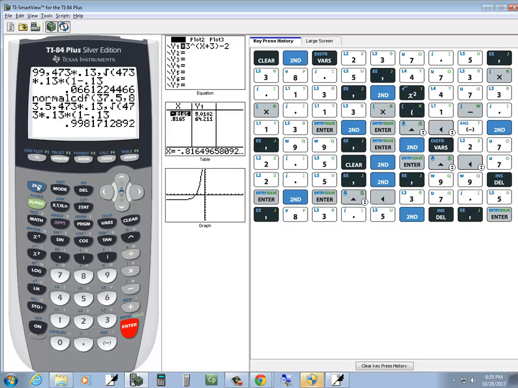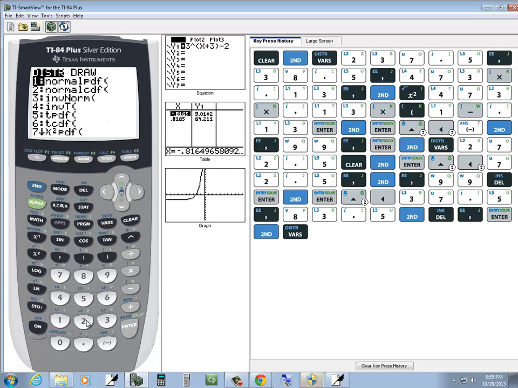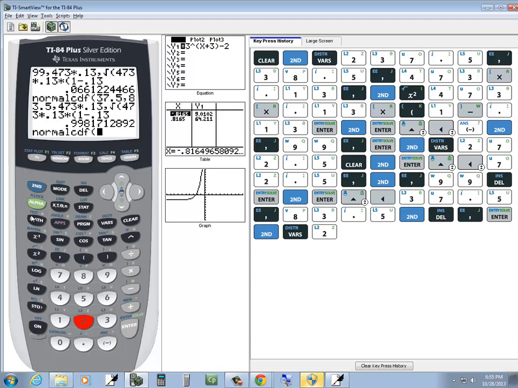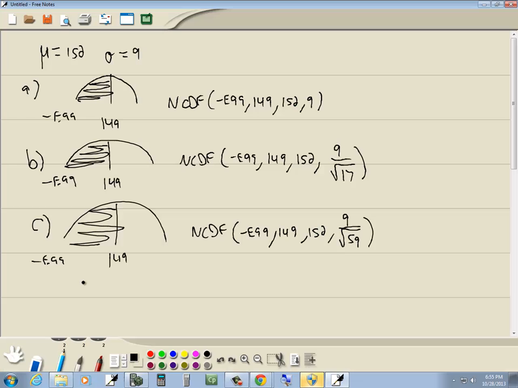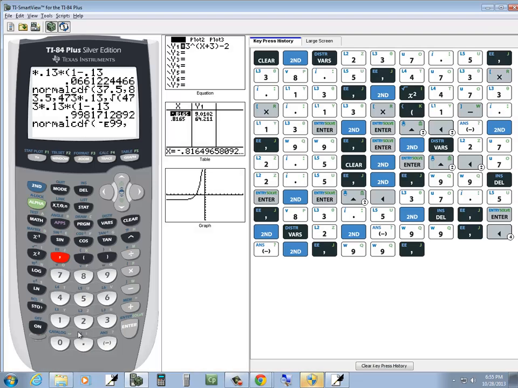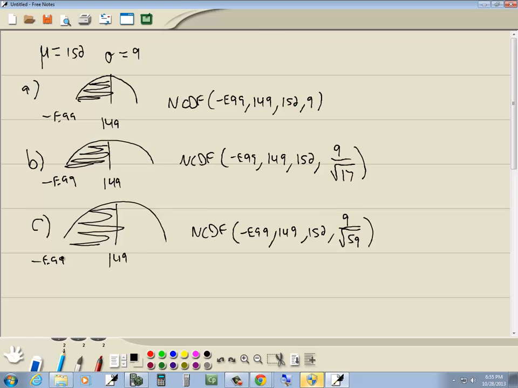Okay, so second vars, normal CDF, negative E99. Negative second comma 99 comma 149 comma 152 comma 9.